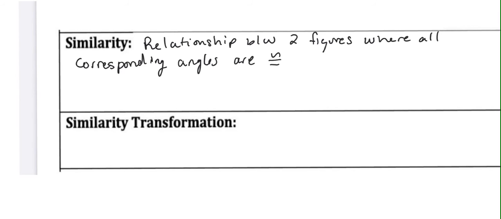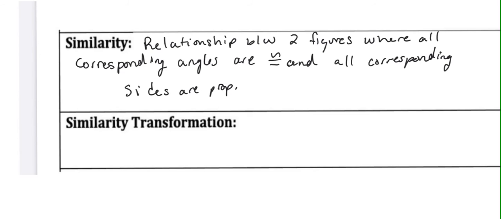I'm just going to abbreviate, right? And all corresponding sides are proportional, right? And that's from our last section. We knew that, right? All the angles were congruent and all the sides were proportional.